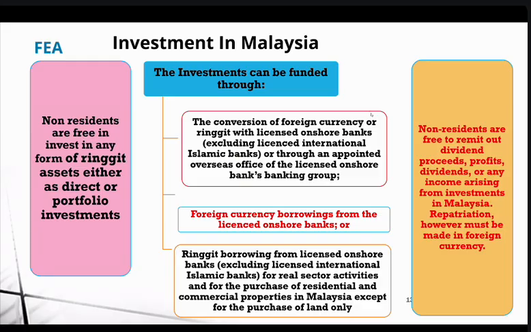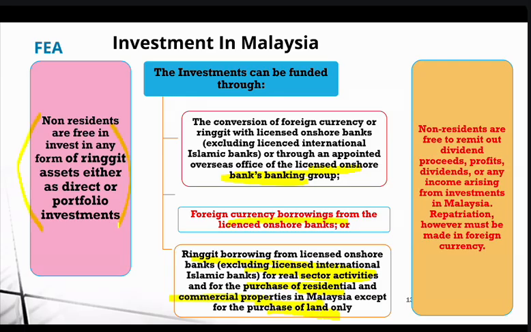So for investment funds, they can be funded through appointed overseas office or licensed onshore banks group. And the foreign currency borrowings from licensed banks can. Ringgit borrowings can be done from onshore banks as long as for real sector activities, for the purchase of residential and commercial property in Malaysia, but purchase of land only is prohibited.